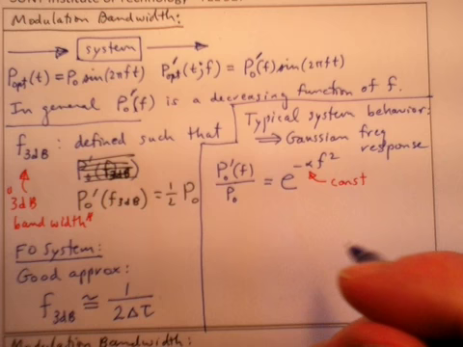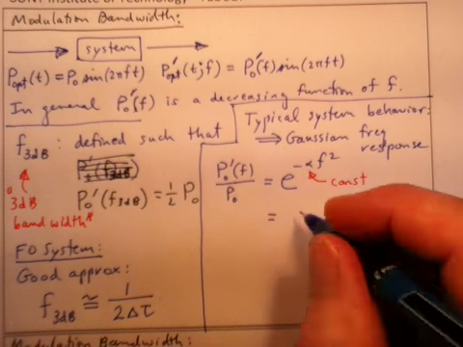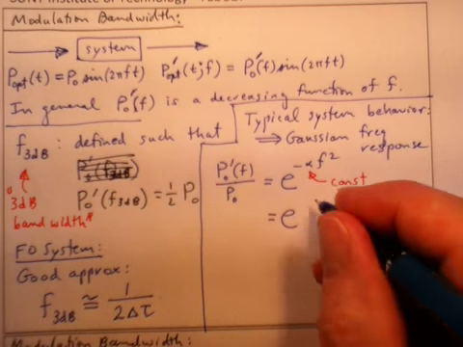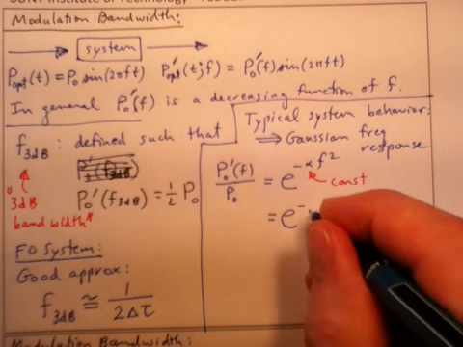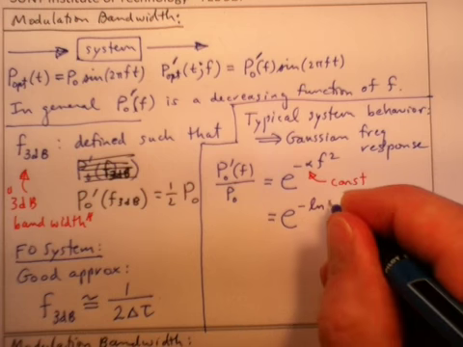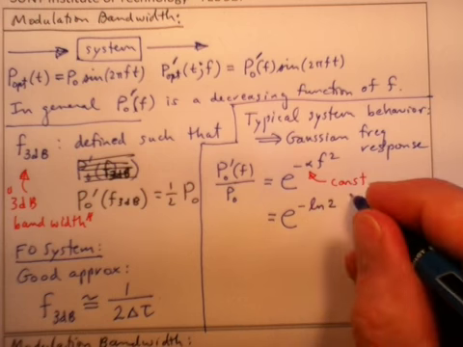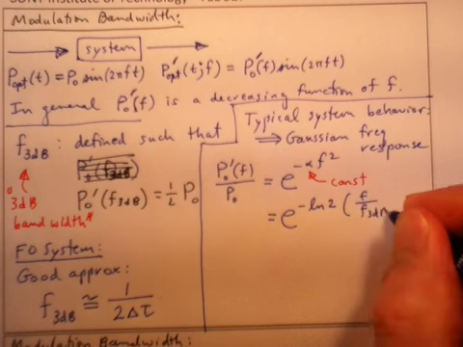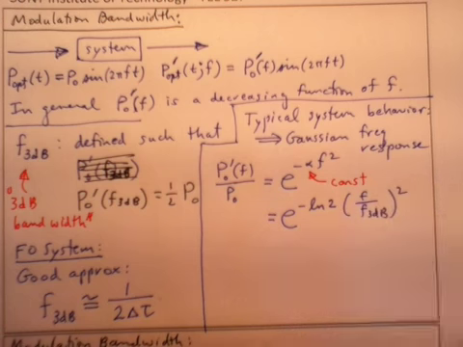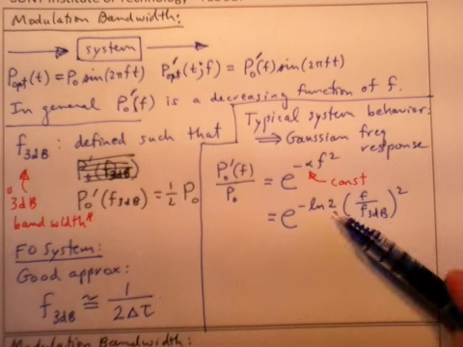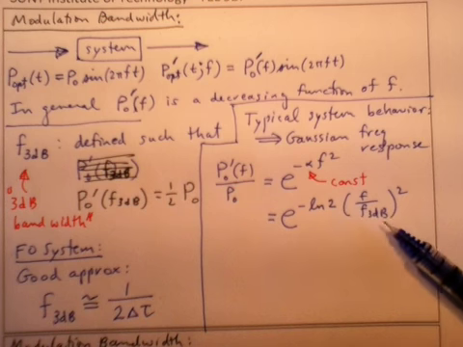And what we're going to do is rewrite this as e to the minus, instead of the constant alpha, natural log of 2 times f over f3 dB, quantity squared. And so my constant is the natural log of 2 divided by f3 dB squared.